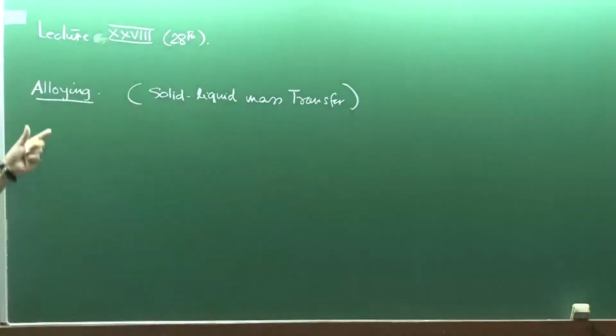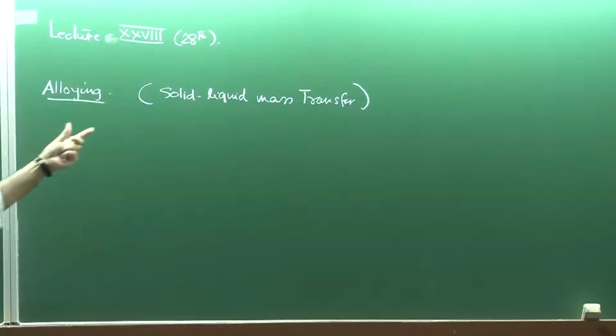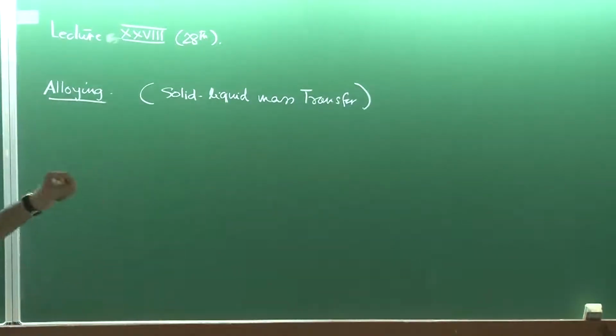I'll describe a little bit about alloying first, and then we'll see whatever we have learned in the context of solid liquid mass transfer, how that knowledge can be applied to investigate alloying.